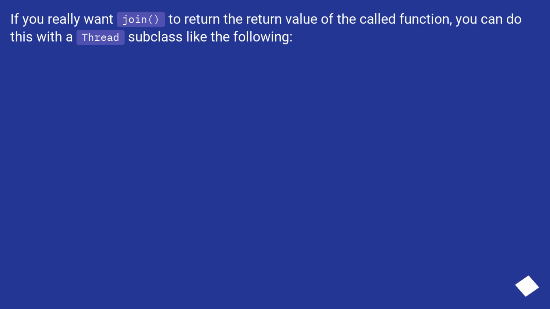if you really want join to return the return value of the called function, you can do this with a Thread subclass like the following.